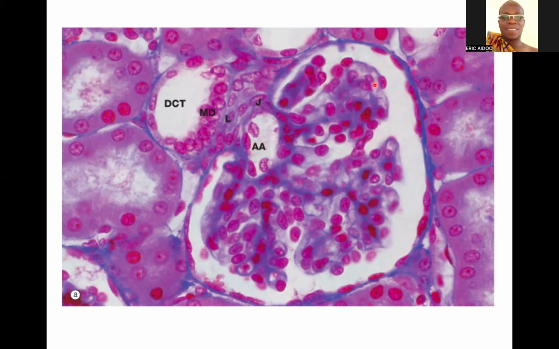Obviously, this will be the podocyte and then the glomerulus, and that will be the urinary space or the Bowman space. That will be the urinary pole, and then that will be the vascular pole. Then this is the parietal layer of the Bowman's capsule with the squamous cells. Then that will be the proximal tubule that has the cuboidal cells.